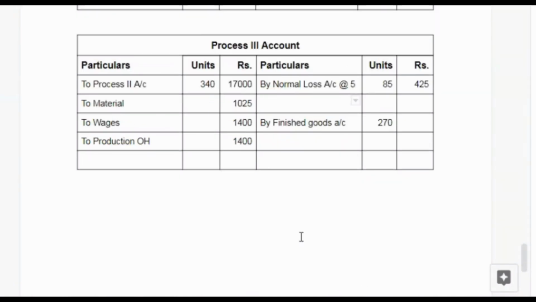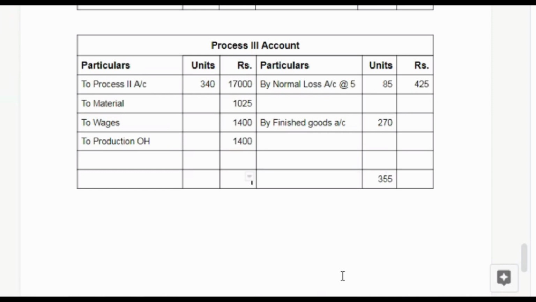Clear? Now, tally your unit column. Which side total is more? This side is 340 and this side is 270 plus 85. How much? If we add 85 to 270, how much is it? 355. This side, the credit side total, is more.